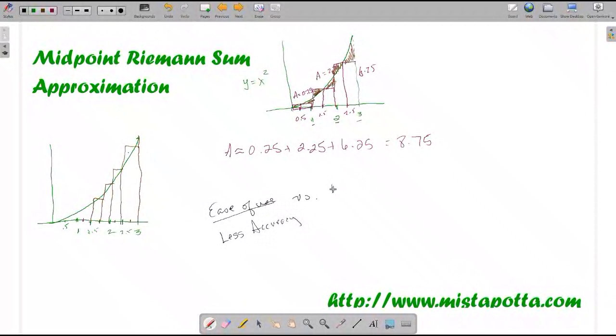If I do more rectangles, I end up with more accuracy. But I also end up with more work.